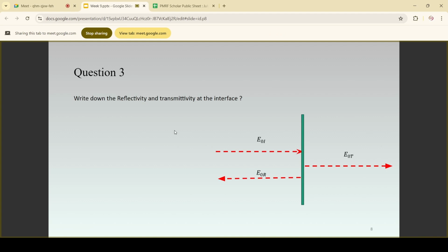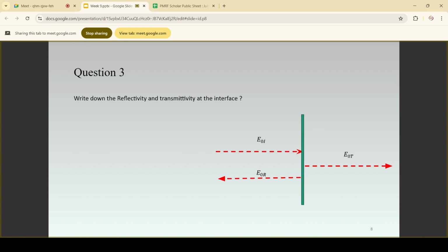So first let me define the reflectivity and the transmittivity. They are the ratios of the power that is being carried by the reflected or transmitted electromagnetic waves. Whatever power these waves are carrying, you take the ratio with respect to what we are giving, meaning the incident wave. So that will give us the coefficients of reflectivity and transmittivity.